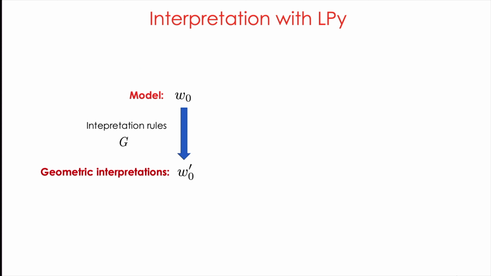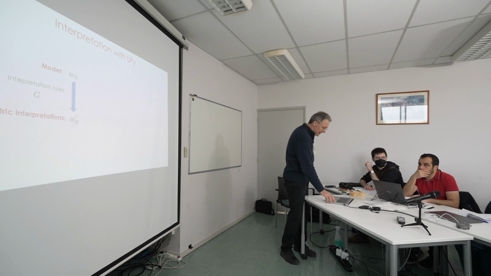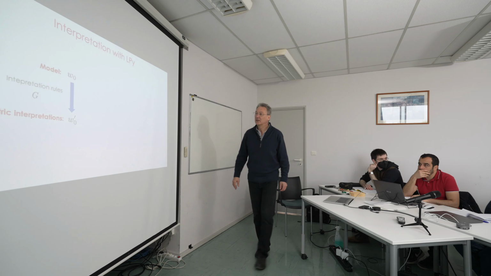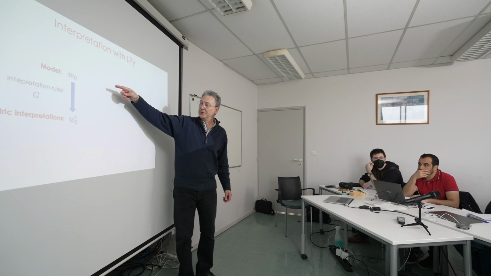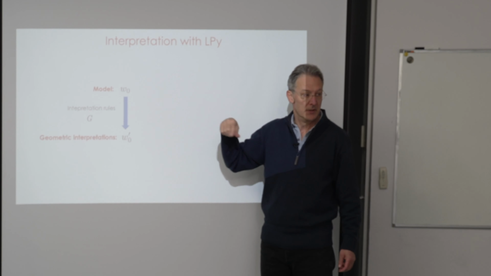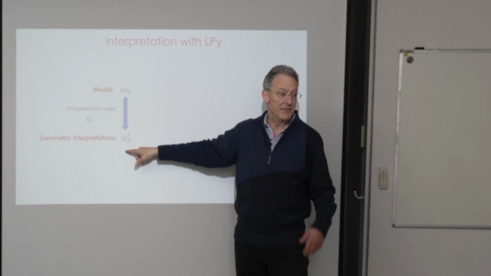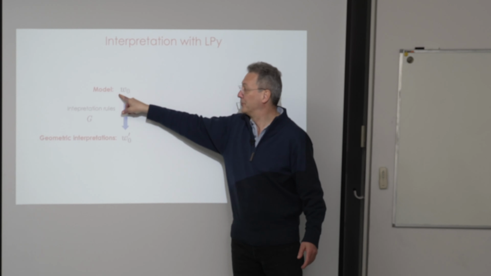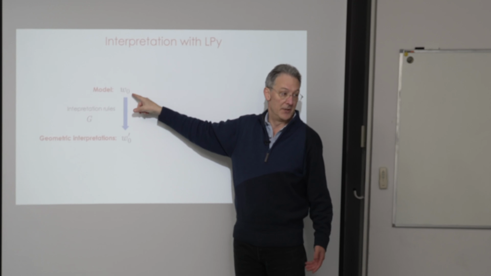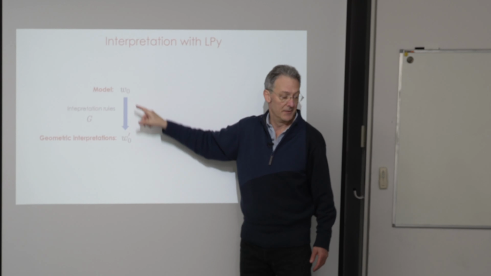So if we look at how it goes when you are in LPy, at the beginning you have the axiom. The axiom is interpreted when you type rewind. The axiom is interpreted by the geometrical rules. If there are no geometrical rules, the turtle tries to read the axiom directly as it stands.